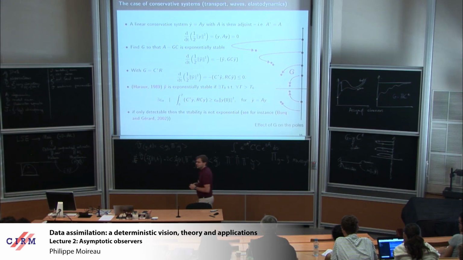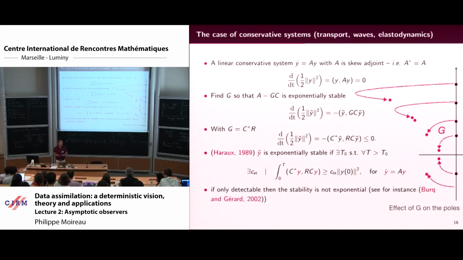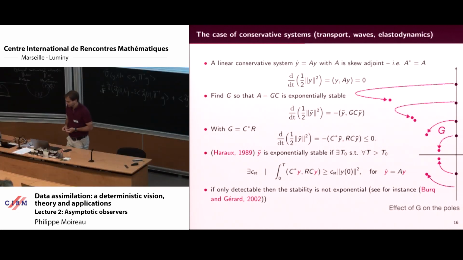So you have to understand the message here: for some physics there is a way to avoid computing the Kalman gain. But for this physics, you first need to prove that it can work, and second, you will have restrictions on the choice that you can make for the gain. So now we have a nice idea of that.